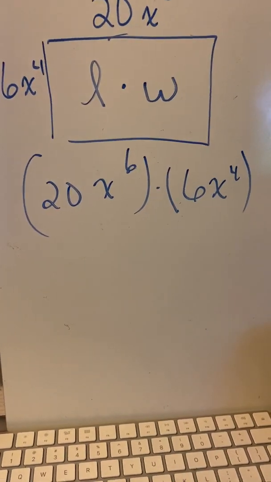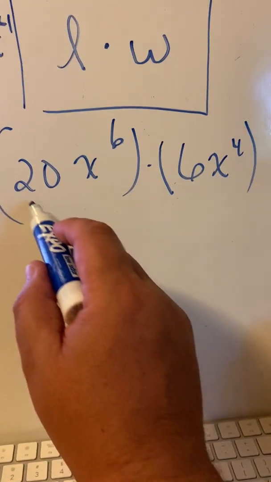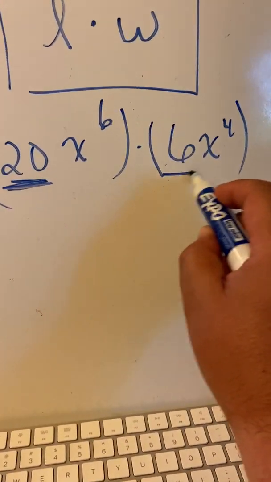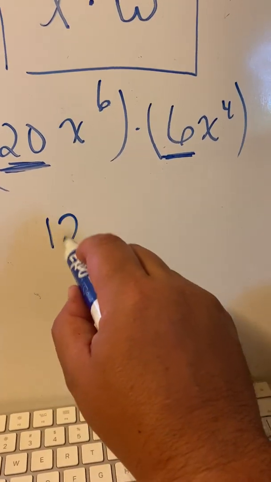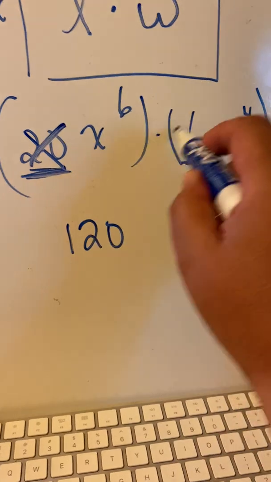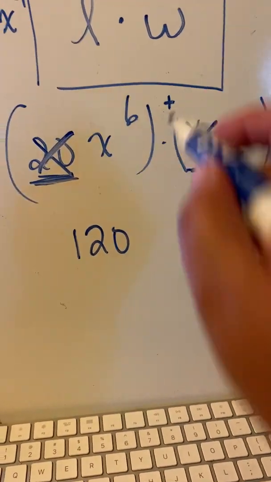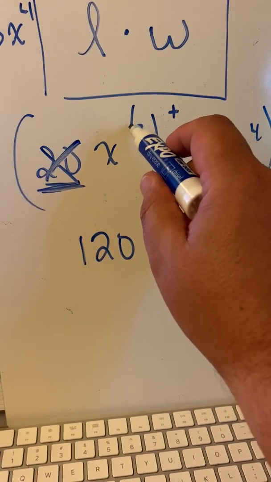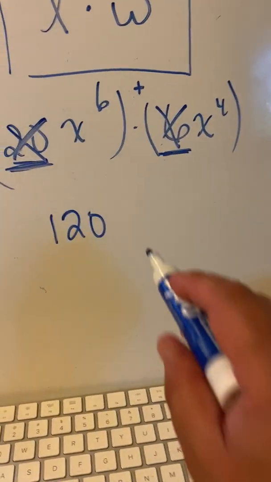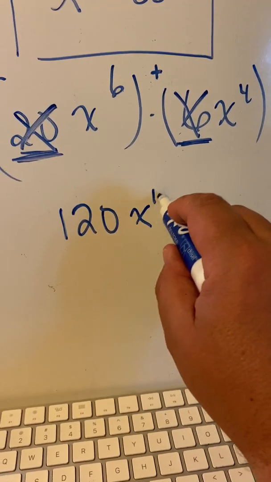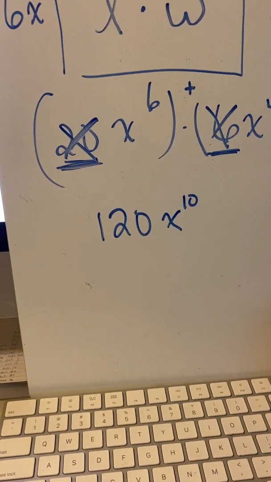Remember, when you're simplifying this type of expression, coefficients: 20 times 6 is 120. And when you're multiplying exponential values, you add the exponents. x to the 6th times x to the 4th turns into 6 plus 4, which is x to the 10th.